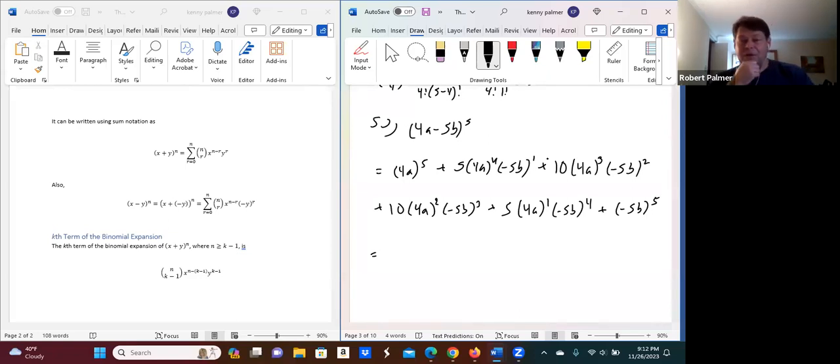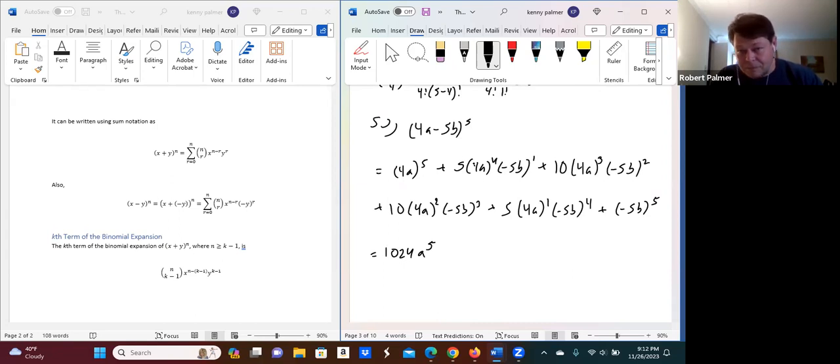Now, as you can see, what we have here is everything multiplied together and all the coefficients correct. Now, let's do a few more things. Let's go ahead and find the rest of these coefficients. So what we're going to have is 4 to the fifth, and that's actually going to be 1,024 times a to the fifth. Okay. This is going to be minus. I have a 1 to the minus.